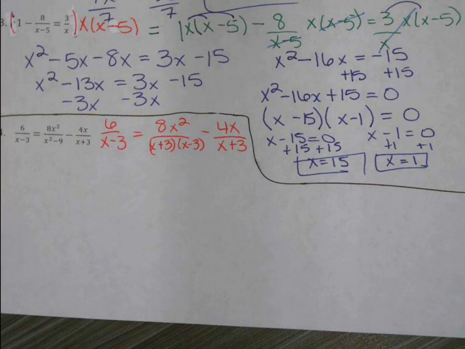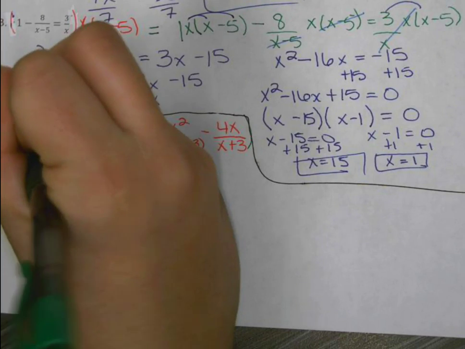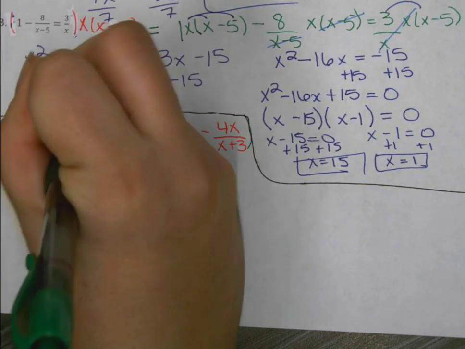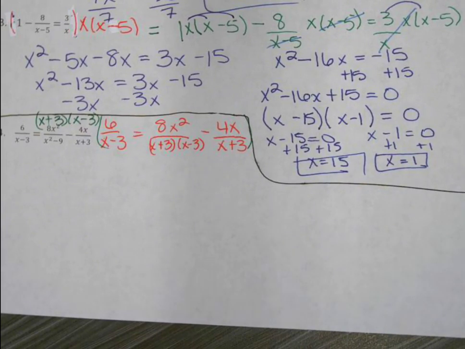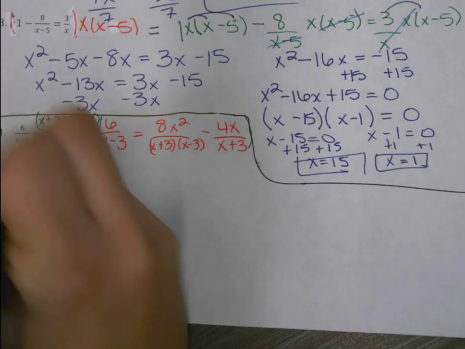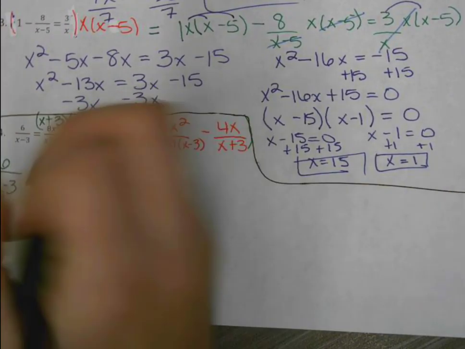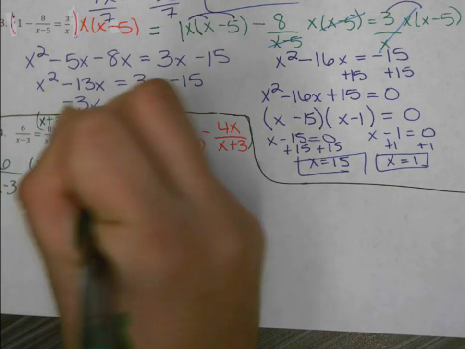Yeah, I have to multiply by x plus 3 and then also x minus 3. Okay, so then I'm going to write 6 times x minus 3 times x plus 3, x minus 3.